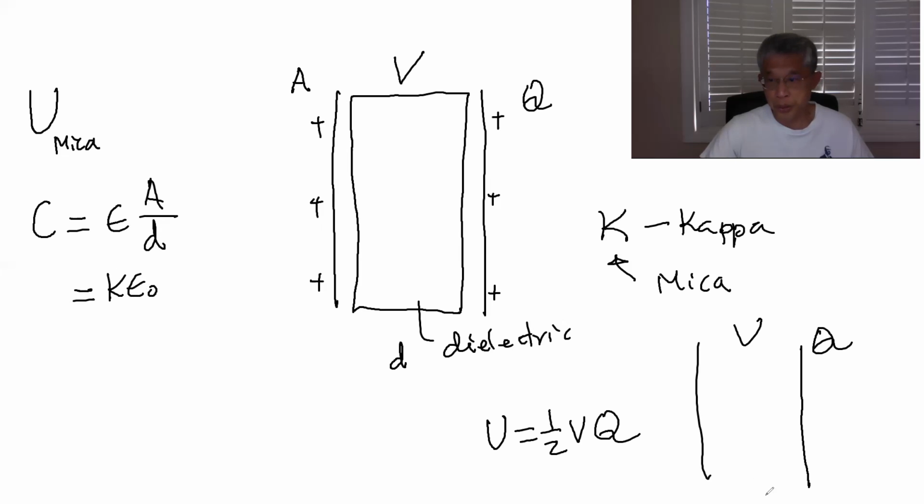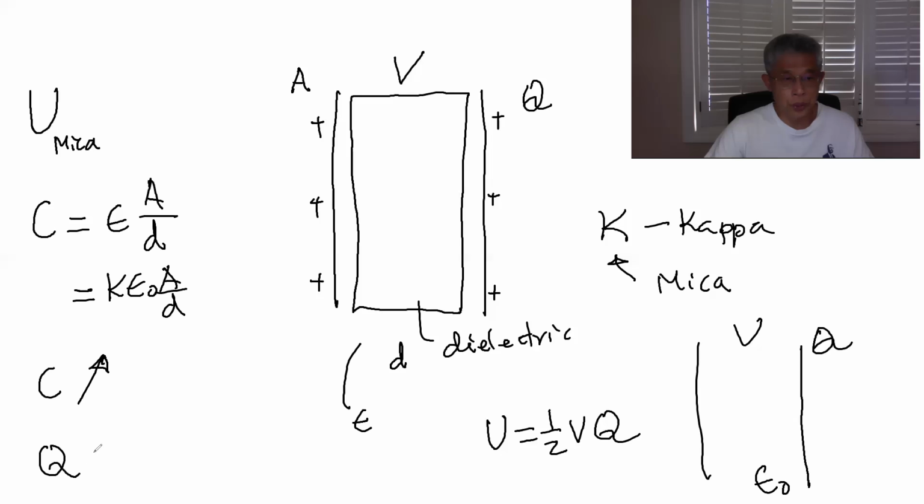So epsilon 0 is free space, but this is now a dielectric, so this is epsilon. I know my C has increased compared to the epsilon 0 case. Now Q equals CV.